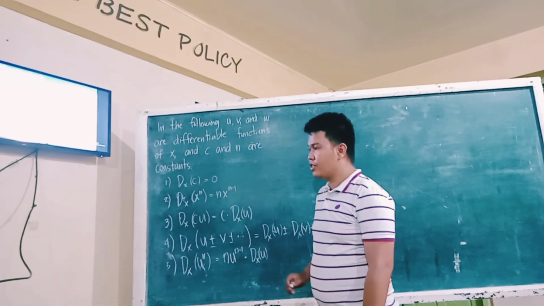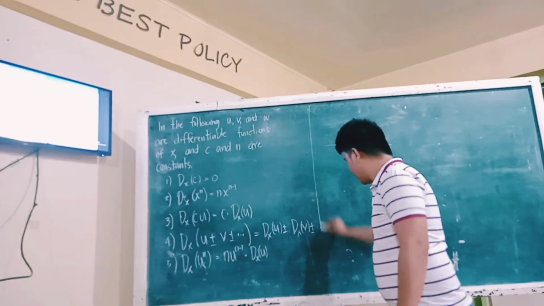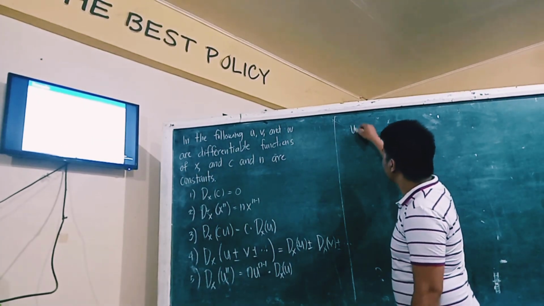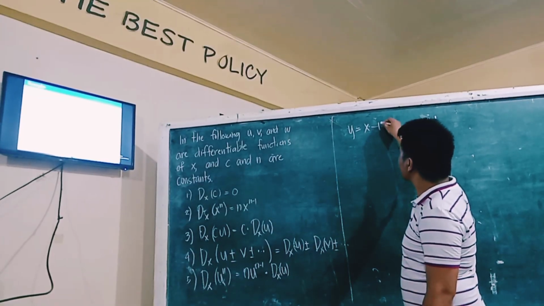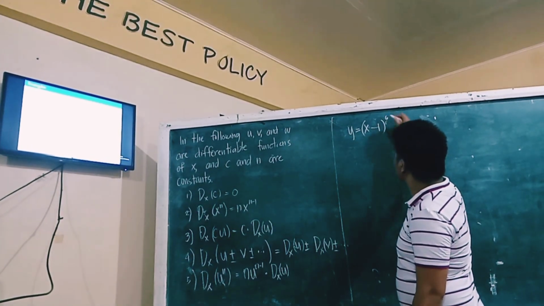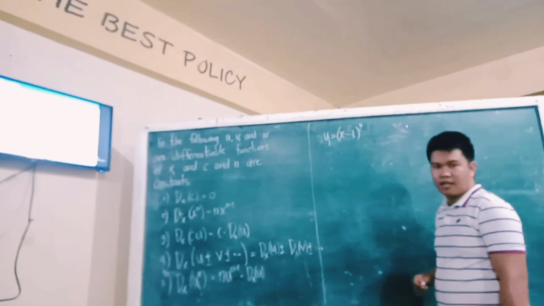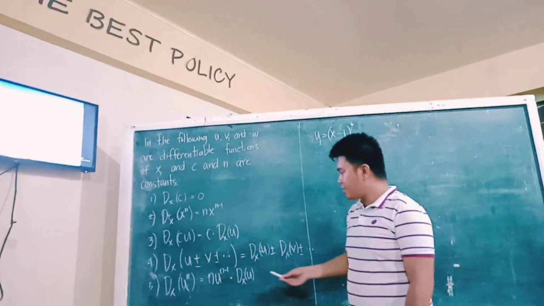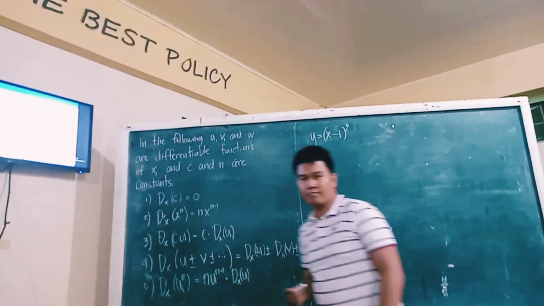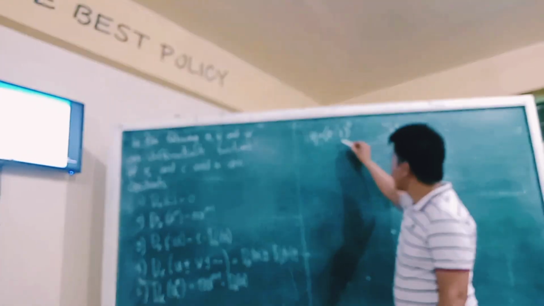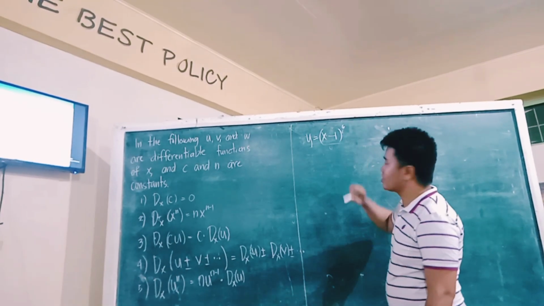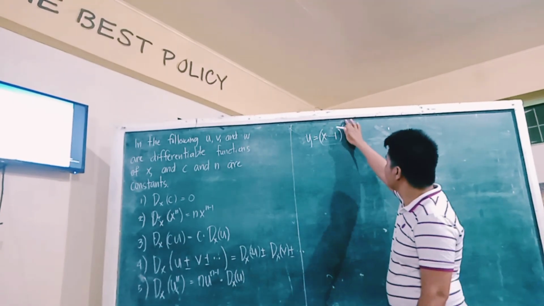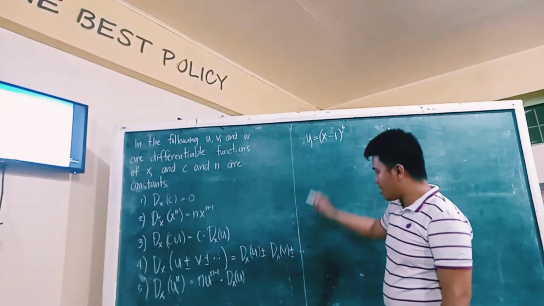So in this formula, we have a function y is equal to x minus 1 quantity to the 6th. So as you can notice, it is in the form of u to the n. We can express this as our u, and the 6 here we can equate with n. So we will now apply this formula.